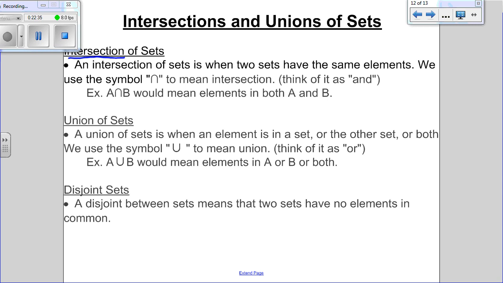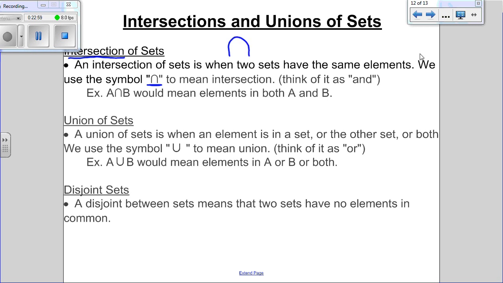Here, they show that the symbol for and is this one. It's like that other sideways symbol we had, but now it's facing down. The way I like to remember it, this symbol looks a lot like the letter A. And I like to think of it as A and.